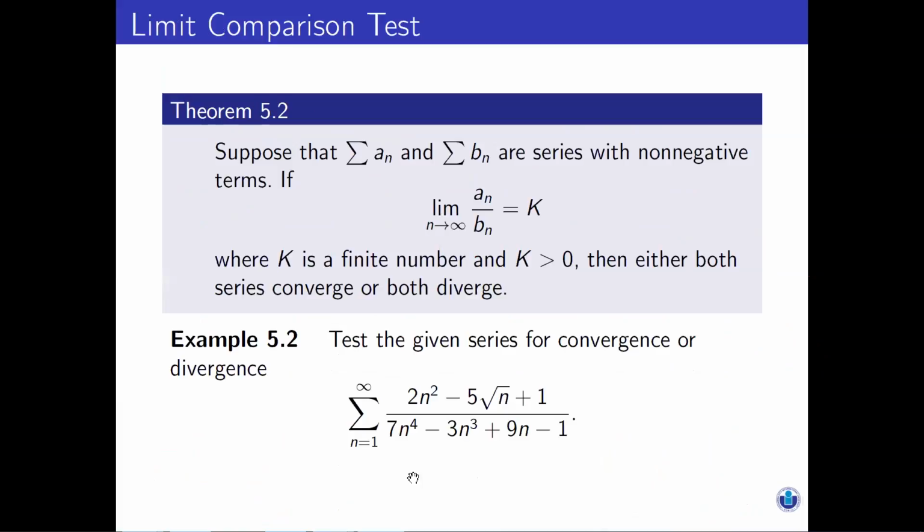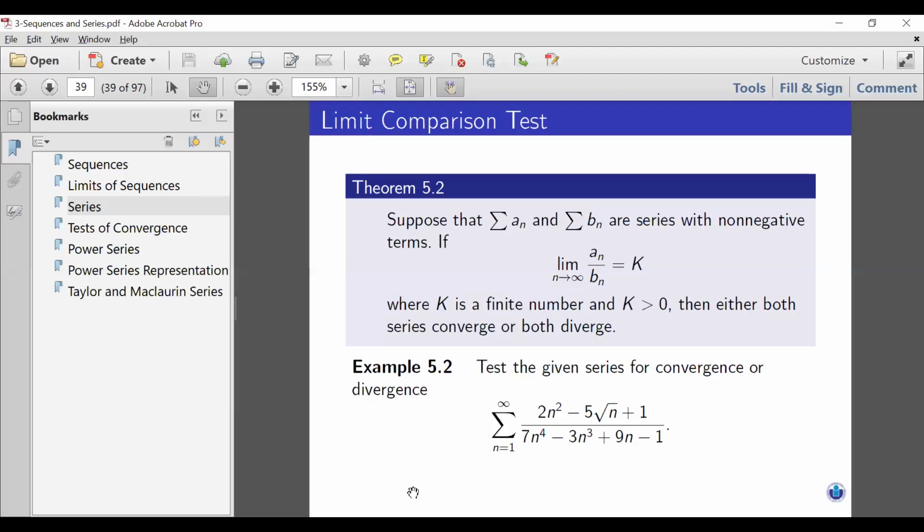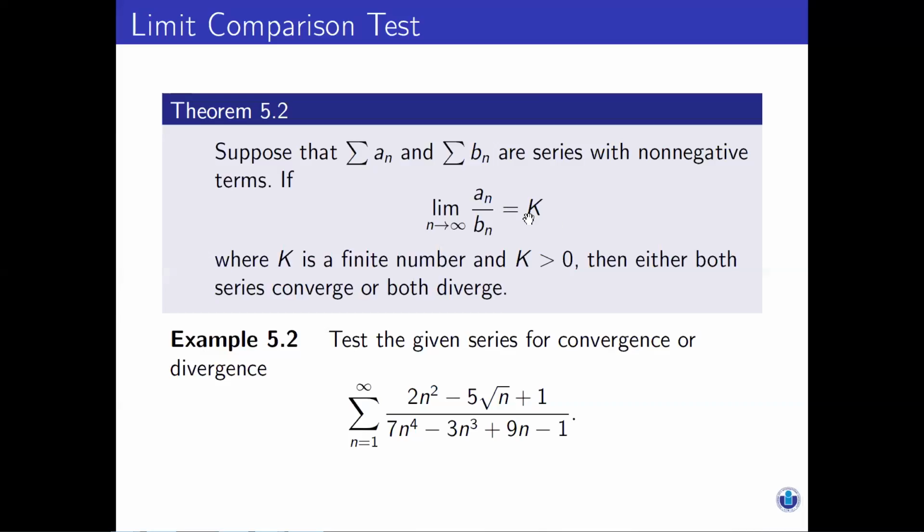So if you know that the quotient a_n over b_n converges to some finite number that is positive, so it's very crucial here that it's positive, then either both converge or both diverge.